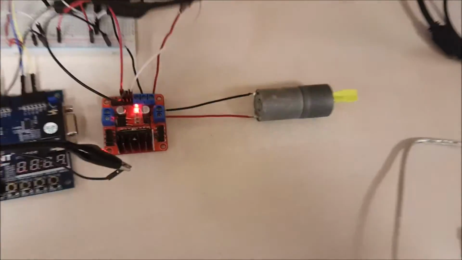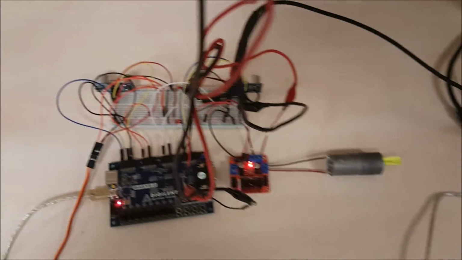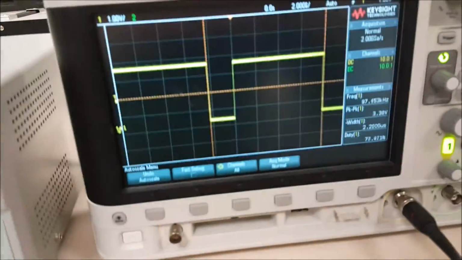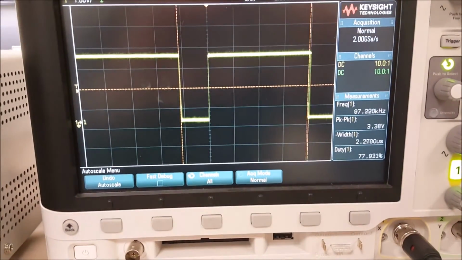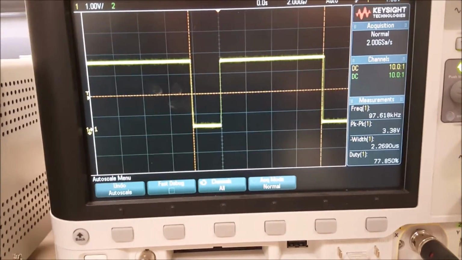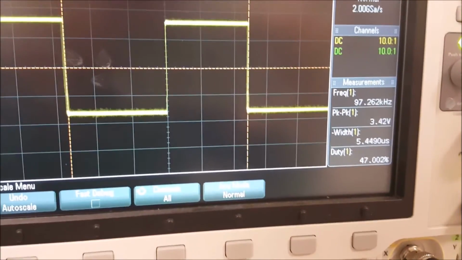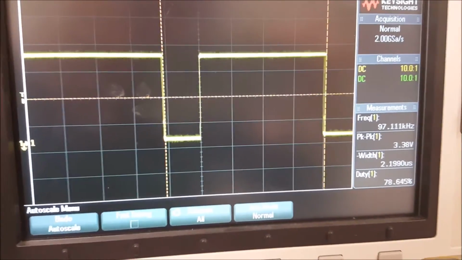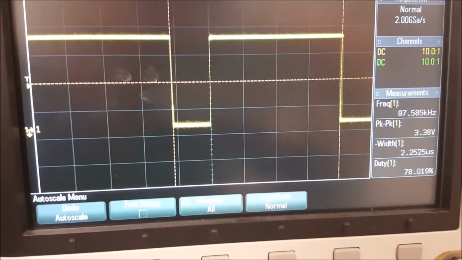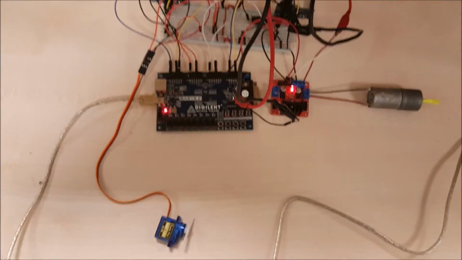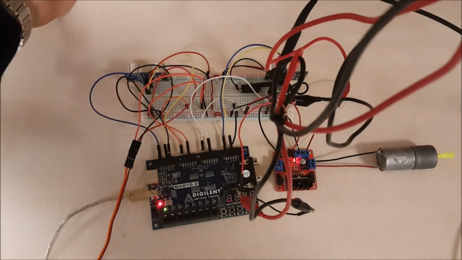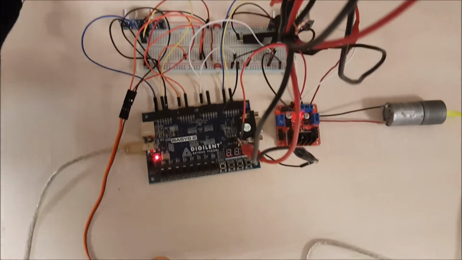To show this properly, I'm going to show you the PWM signal. This is while it's working at the 80% duty cycle. When there's an obstacle, if there's an obstacle on the left side, the whole process changes.